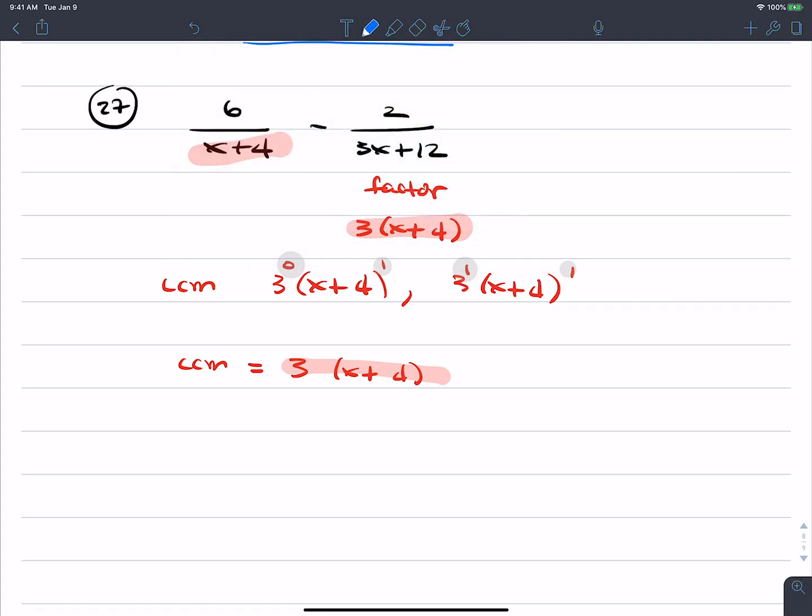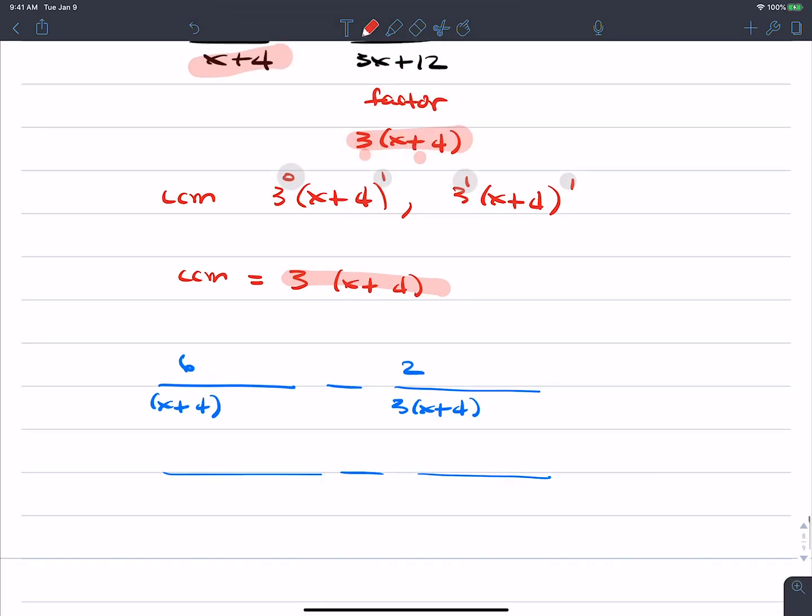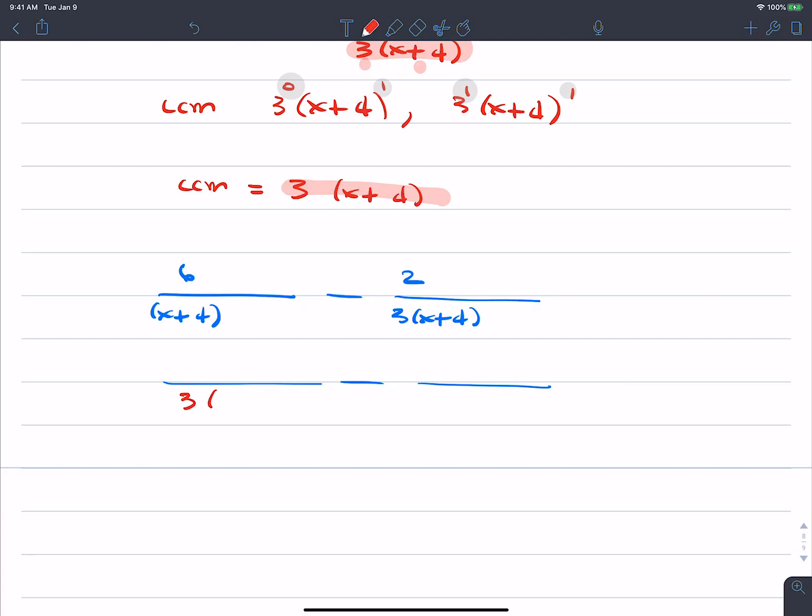So we're going to do the setup here. 6 over x plus 4, 2 over 3 times x plus 4, and again I want to use the factored version because it helps us see everything. And the LCM has to be down here, which is 3 times x plus 4.